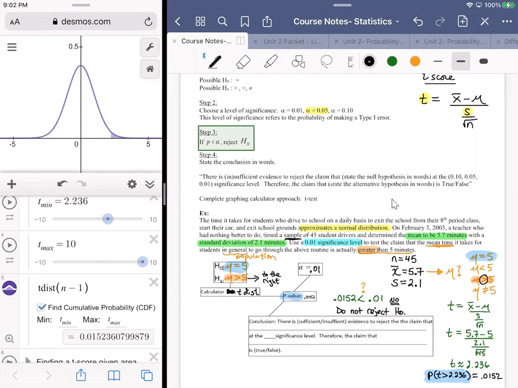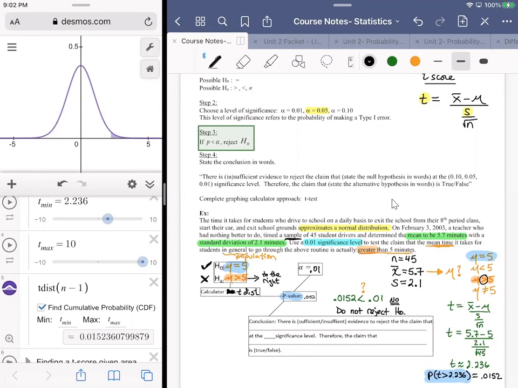So do not reject the null hypothesis means I'm keeping the null hypothesis. Put a little check mark next to the H0. If it's a choice between H0 and HA, the H0 is the keeper, HA is out of there.